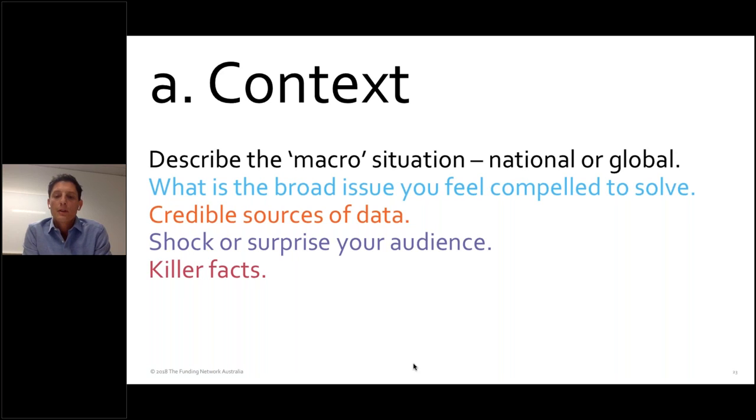The broad issue, this is the problem or the issue that you feel compelled to solve at your organization, or that the program that you're going to pitch is solving. And this is the point where you want to bring to life credible sources of data. It's also an opportunity to grab your audience at the very beginning of your pitch.